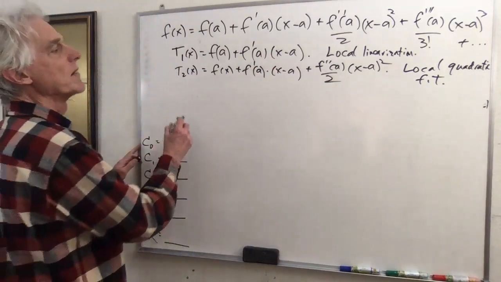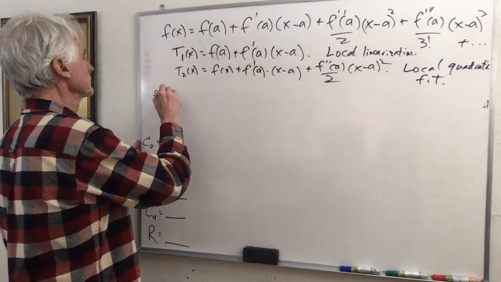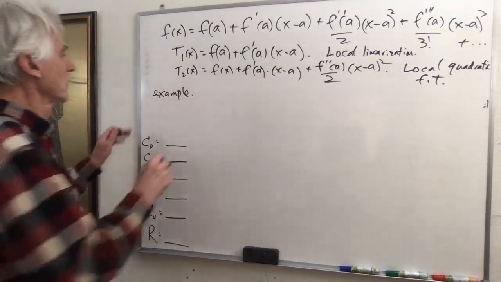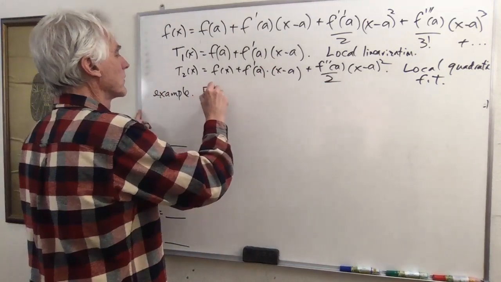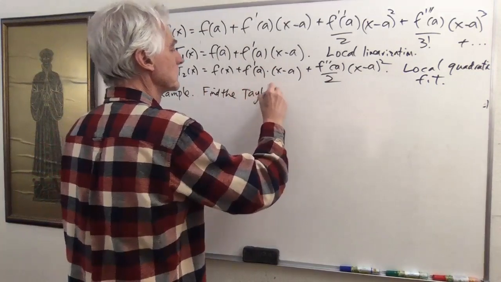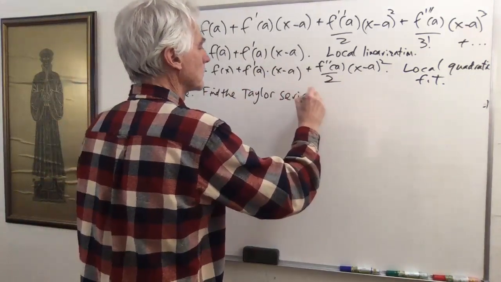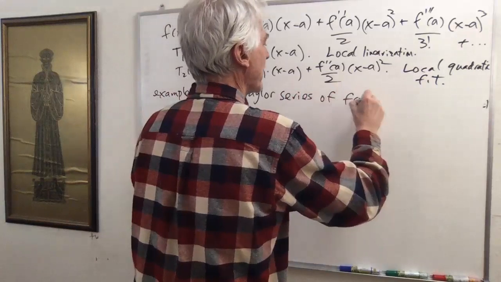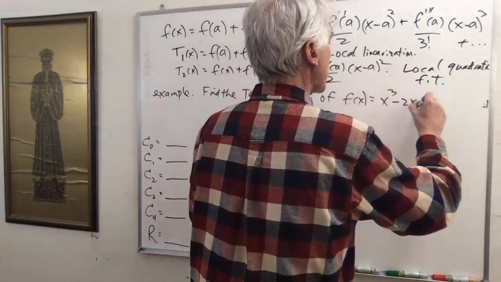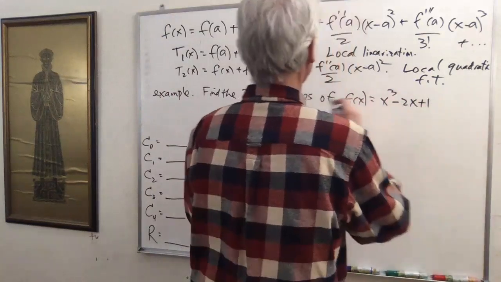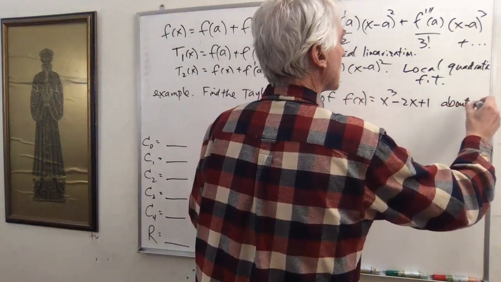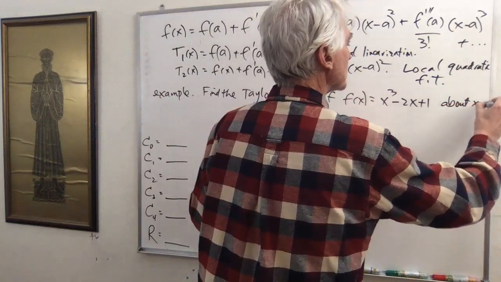So let's do an example. Find the Taylor series of f of x equals x cubed minus 2x plus 1 about x equals 0.